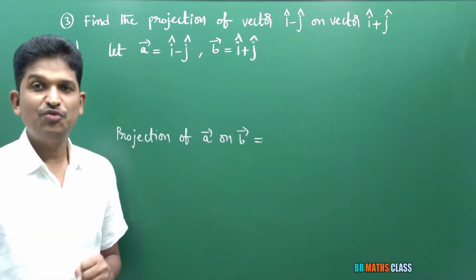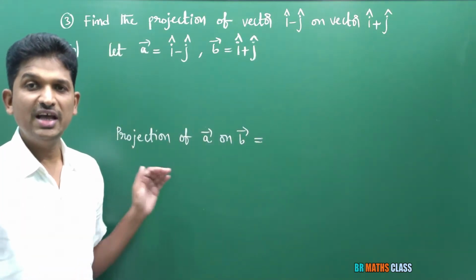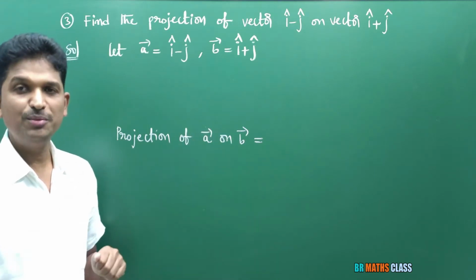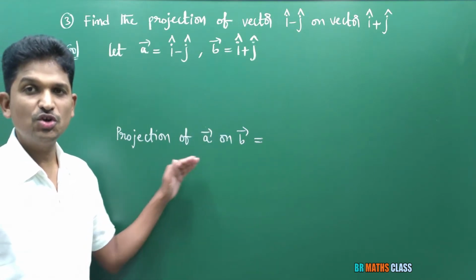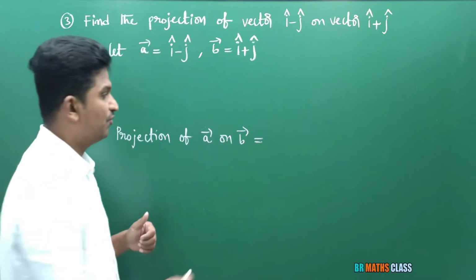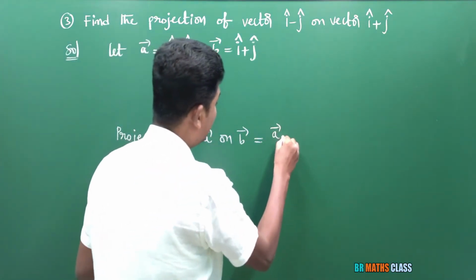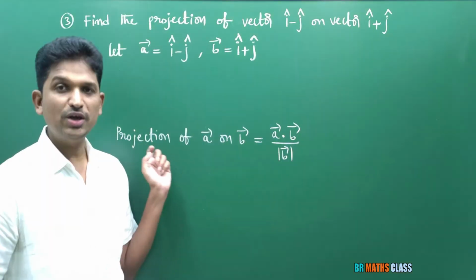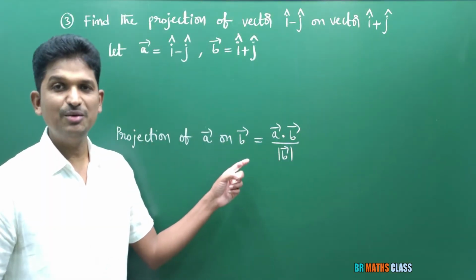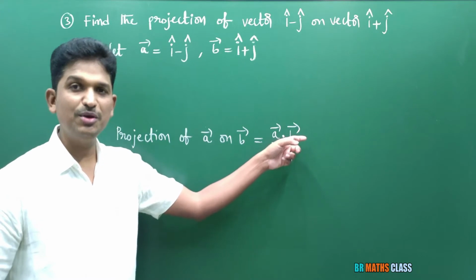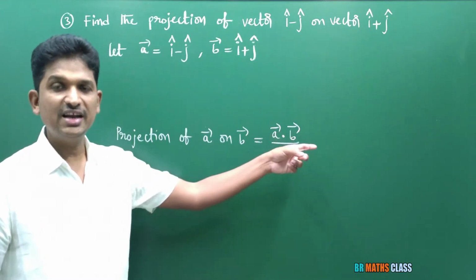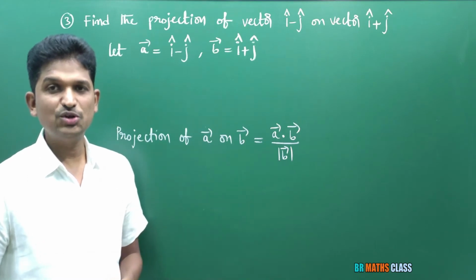You learned 15 formulas in dot product, right? In that, this formula you learned: projection of A bar on B bar. What is the formula? Projection of A bar on B bar is A bar dot B bar divided by magnitude of B bar. To calculate it, I need A bar dot B bar and magnitude of B bar.